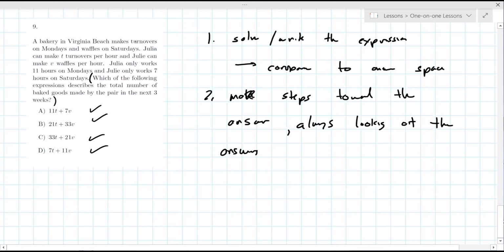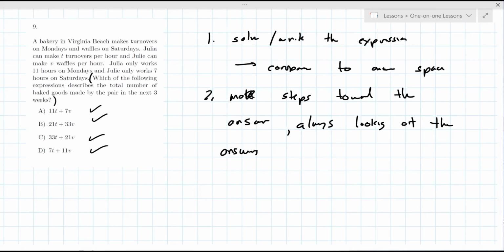A bakery in Virginia Beach makes turnovers on Mondays and waffles on Saturdays. Julia can make T turnovers per hour, and Julie can make V waffles per hour. Julia only works 11 hours on Mondays, and Julie only works 7 hours on Saturdays.